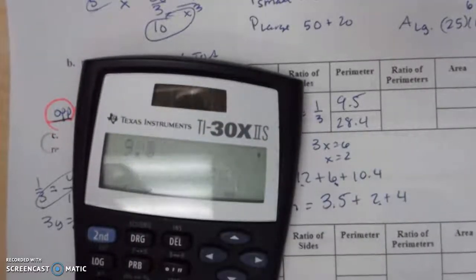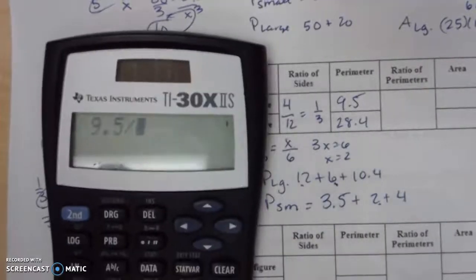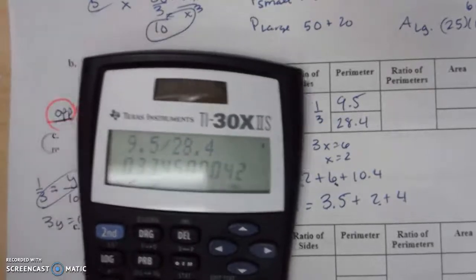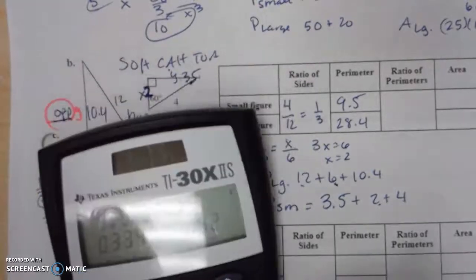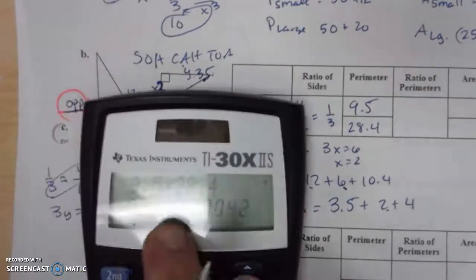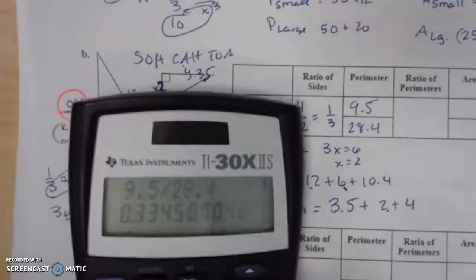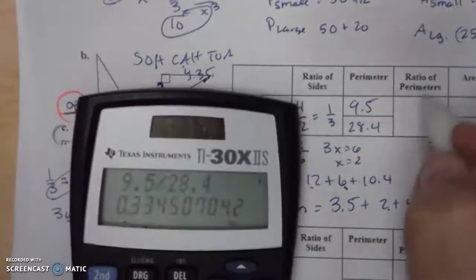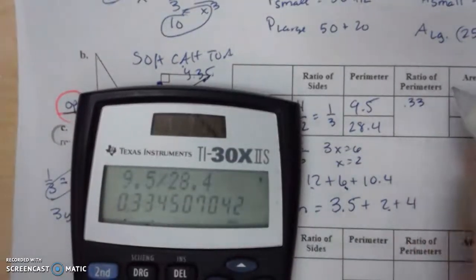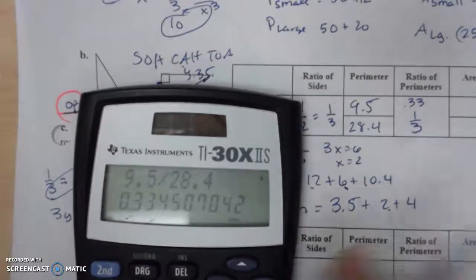So what is that ratio? What is 9.5 divided by 28.4? Oh, 0.33, right? And it's a little bit off because we rounded, but you can see it's 0.333. So 0.33, which is really 1/3.